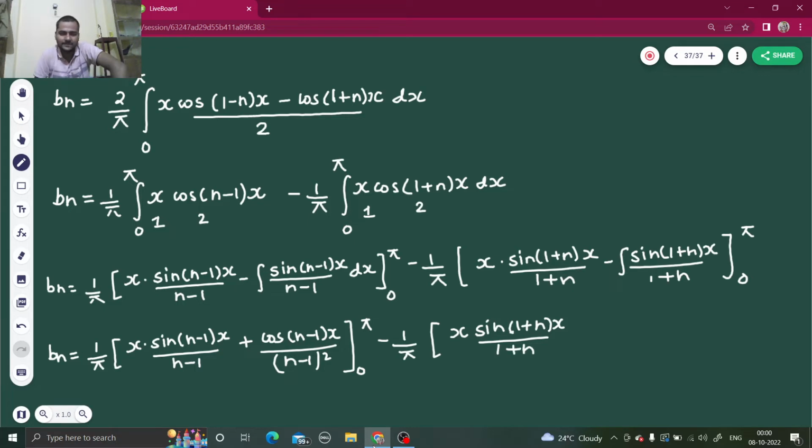Again integration of sin is minus cos, so it will be plus cos(1 plus n)x divided by (1 plus n) whole square, goes from 0 to pi.